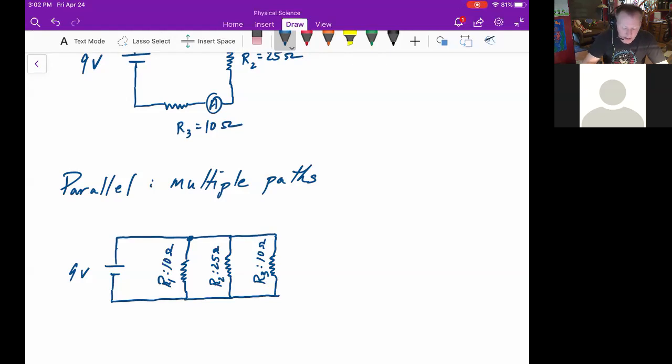So let's say that if I wanted to measure the voltage across resistor 3, I would branch off of that and put my voltmeter. Again, I don't have to put what it's actually measuring in this diagram. I just have to put it there.